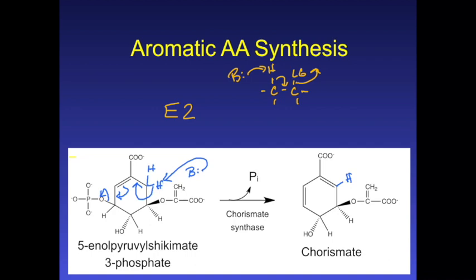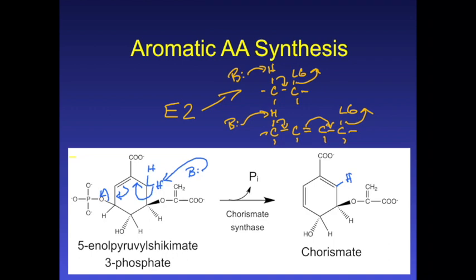Here, I had the leaving group, I had the proton here, and what happened is that leaves.